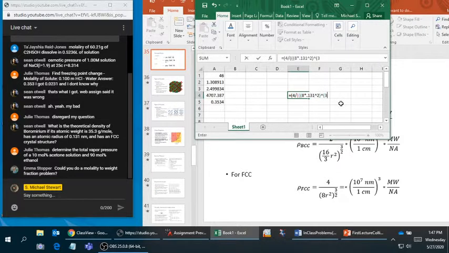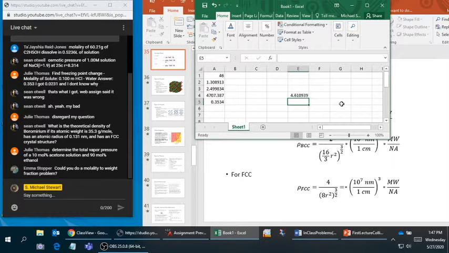The whole thing raised to the 3/2 power times 10 to the 7th raised to the 3rd power times the molecular weight, which is 35.3 divided by Avogadro's number, which is 6.02 e to the 23rd.